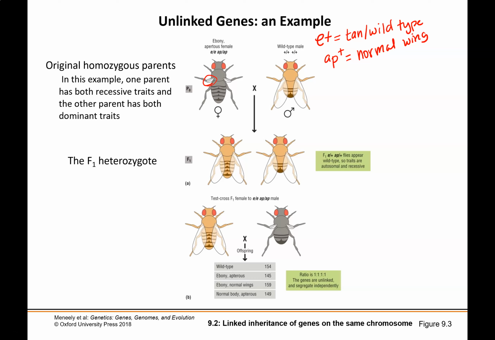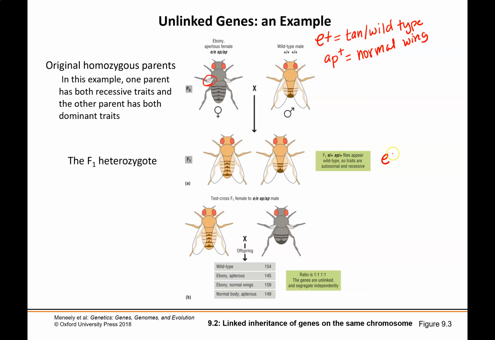Our mutant, our homozygous individual, is going to be homozygous recessive for ebony, which is this gray color, and apterous wings, which are these small sort of defective wings. So we are going to cross the double mutant with a normal fly. The F1 generation produces heterozygous individuals.